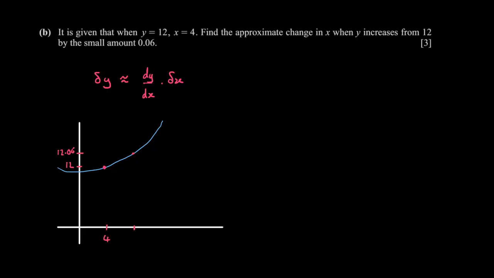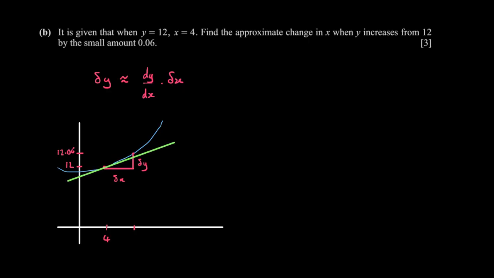If I was to draw this out, this thing here would be our change in x, and this thing here would be our change in y. We would typically label that delta x, the small change in x, and this is delta y, the small change in y. Now let's imagine that we took the gradient of the tangent at this point here, and I'm going to make that into a green line.